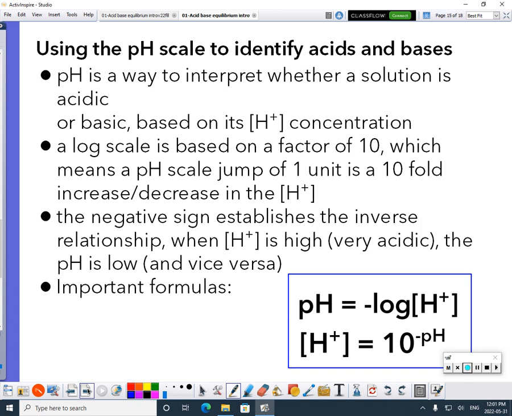And the negative sign means that the relationship is inverse. When the concentration of hydrogen is very high or very acidic, then the pH is low, and vice versa. If the concentration of hydrogen was very low, like in a base, then the pH is high.